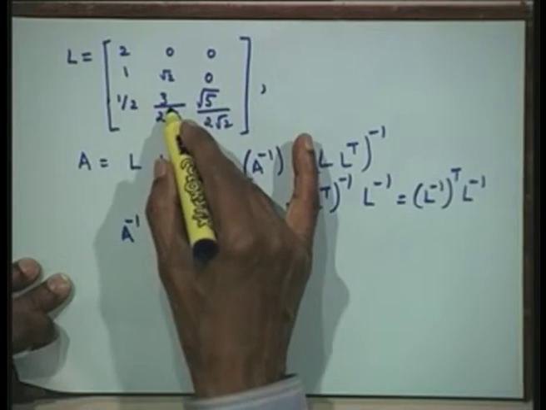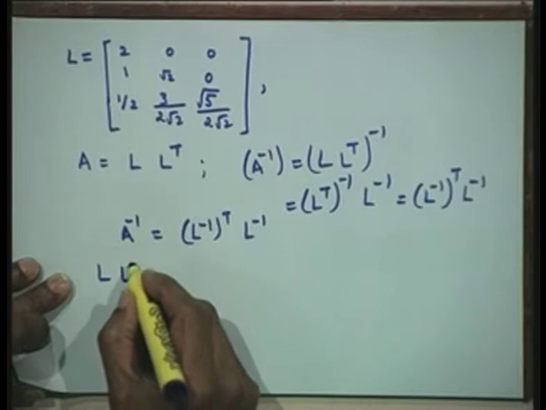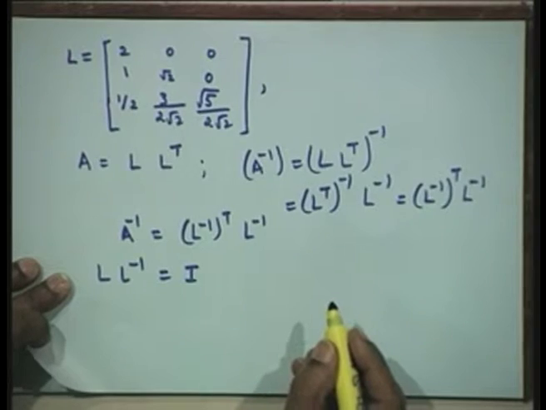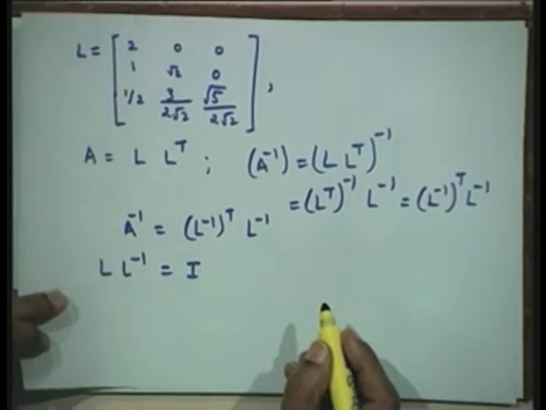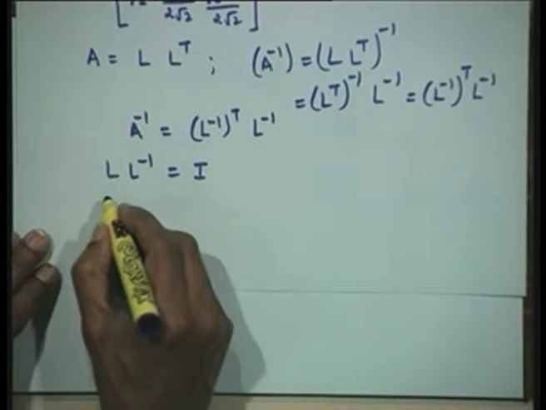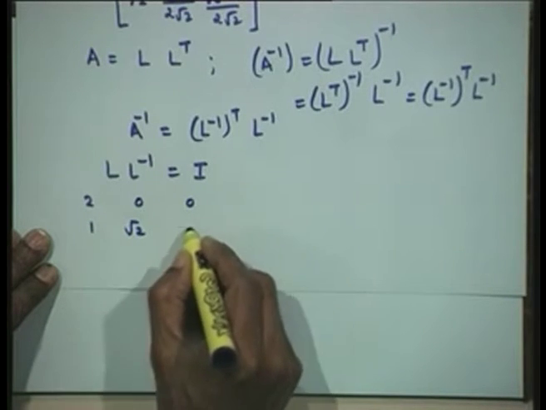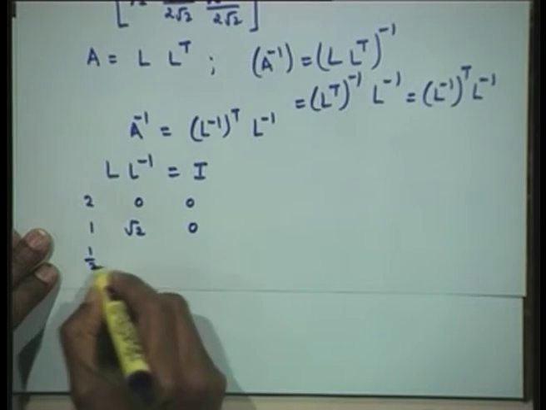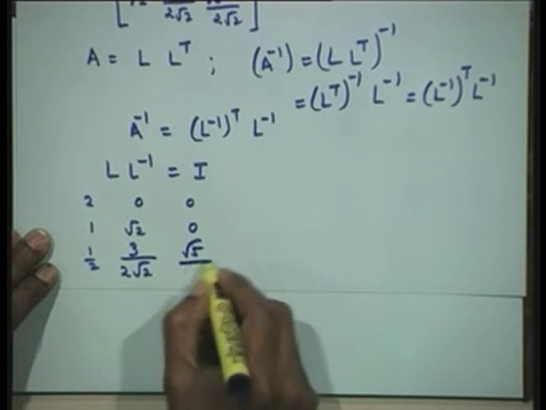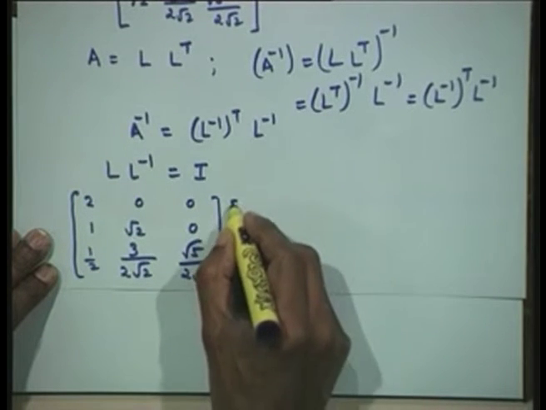So, L is lower triangular, therefore, its inverse is also lower triangular. Therefore, I will use the idea that L and L inverse product must be equal to I, the identity matrix. That means, let us write down our L and L inverse. So, we will have here 2 0 0, 1 root 2 0, 1 by 2, 3 by 2 root 2, root 5 by 2 root 2, into L inverse.